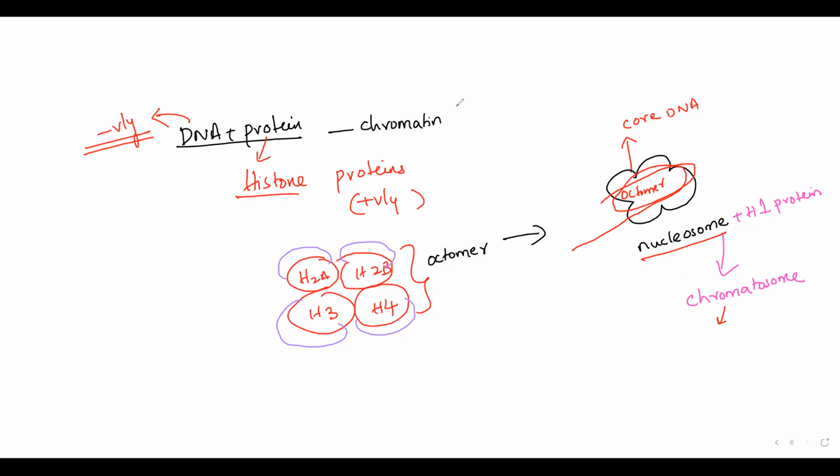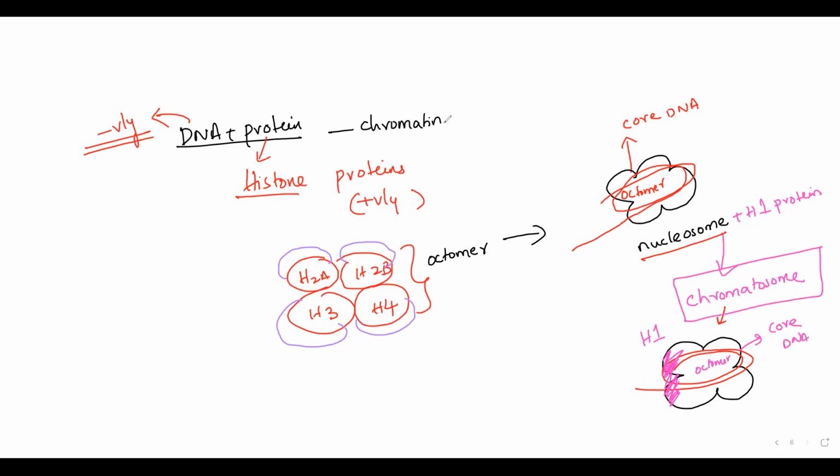A chromatosome is nothing but the histone octamer with the core DNA, with this packing sealed with an H1 protein. Then we call this structure a chromatosome. Got it, children? This is very, very important.